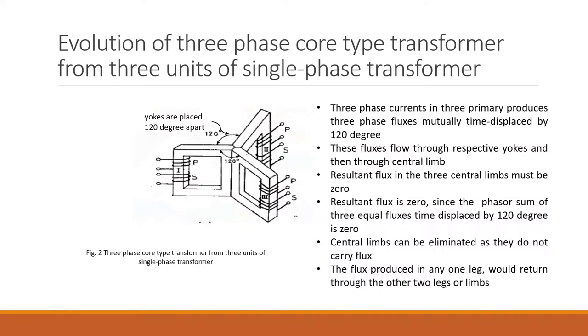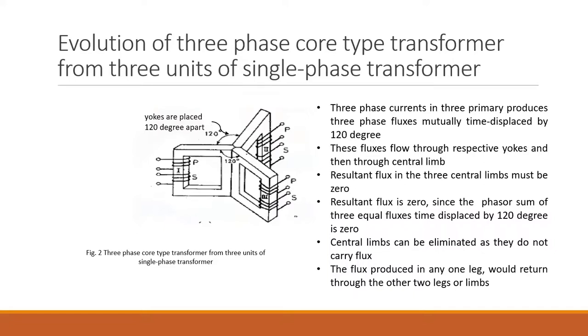So let us talk about the three-phase transformer which can be evolved using three units of single phase transformer. Just consider three single phase transformers, and you can place them in this manner, as you could see here. In this case we have considered three single phase transformers of core type. So core type construction we are trying to evolve for three phase transformer.